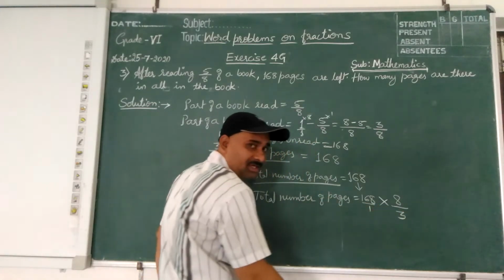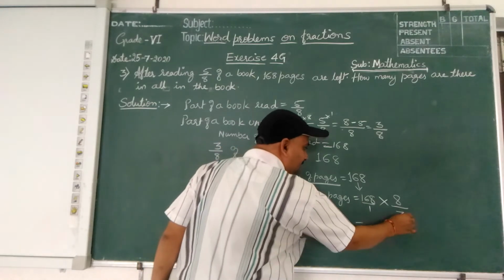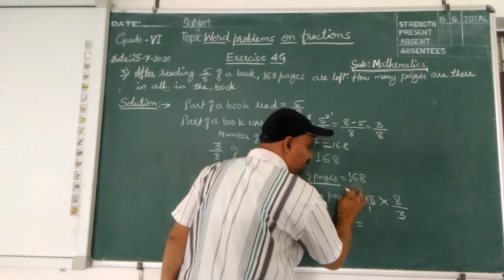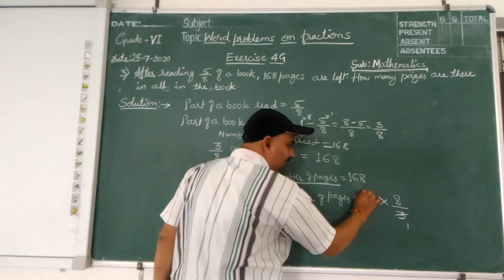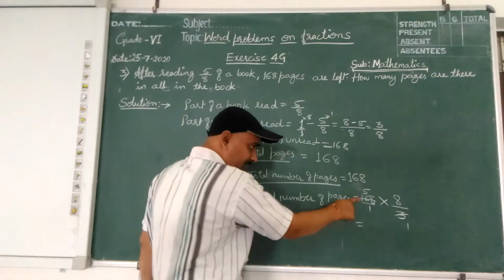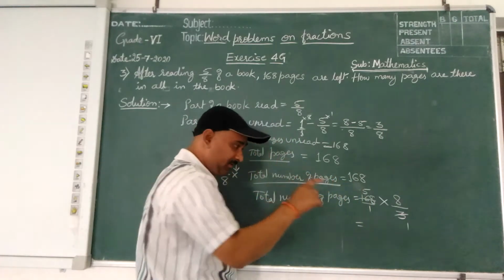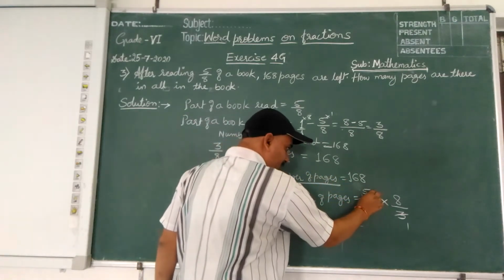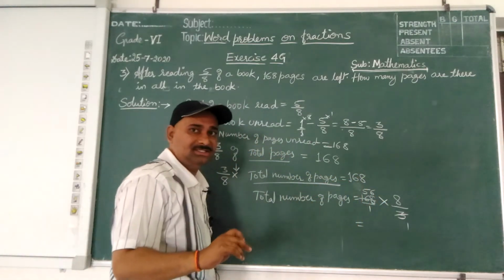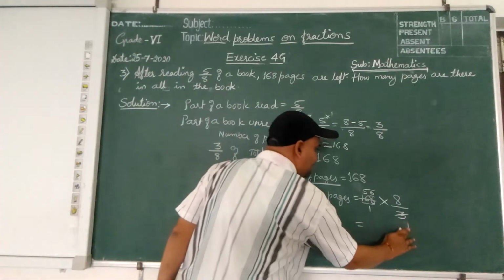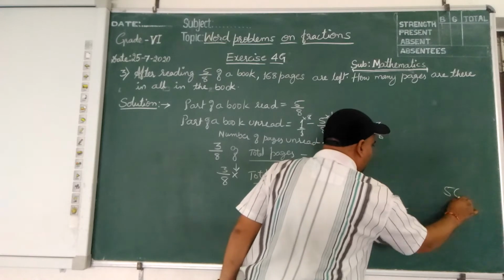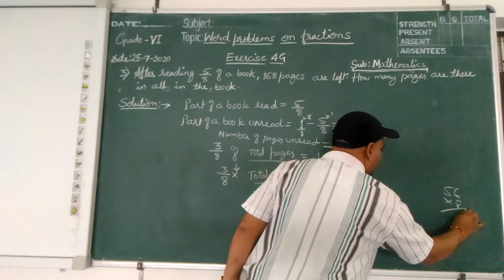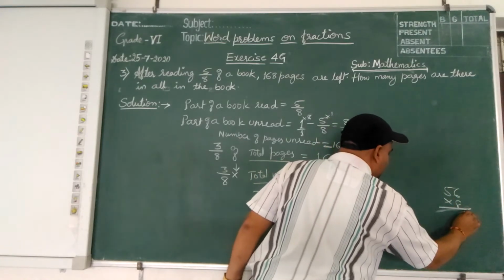Nothing means 1 will be there in the numerator. Cancel with 3s: 3 1s are 3, 3 5s are 15, 3 6s are 18. So 56 into 8, you multiply, you will get the total number of pages in the book.